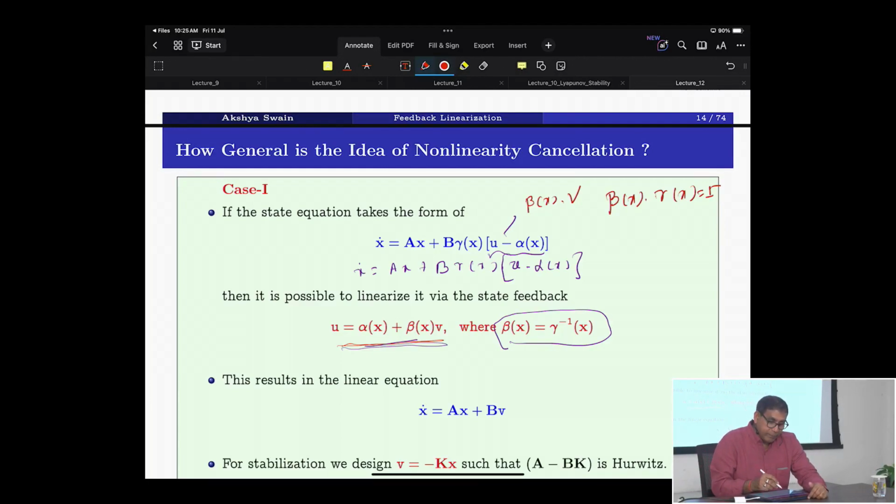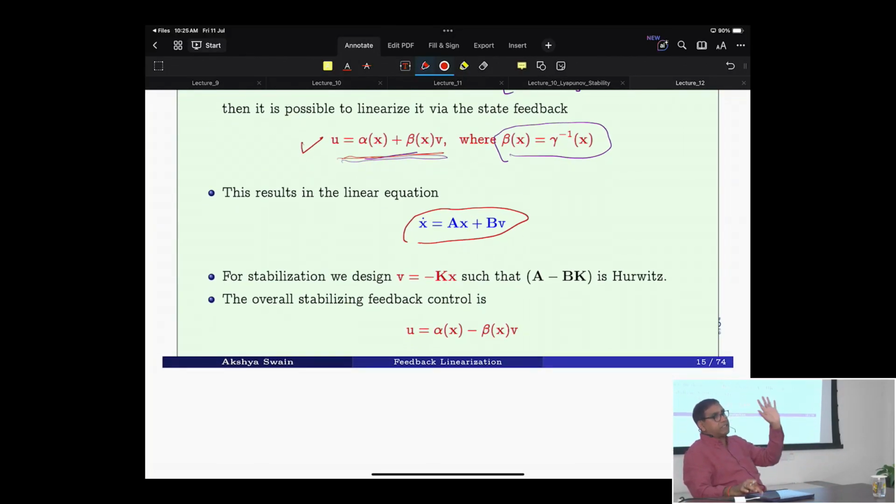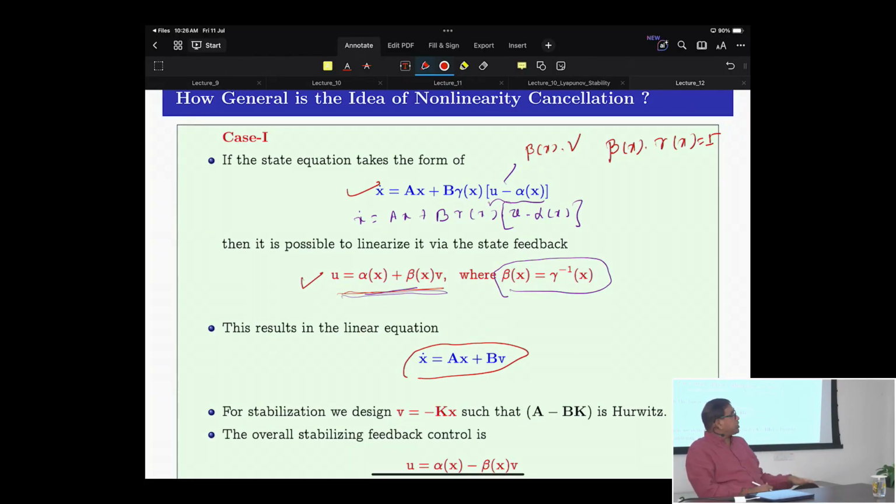So naturally, if the system is in this form and you are using a controller like this, it will convert it into a linear system, right? Now you design any controller. If the system is represented in this form, then by using a controller of the structure u is equal to alpha(x) plus beta(x)v, with beta(x) equal to gamma inverse(x), you can convert it.